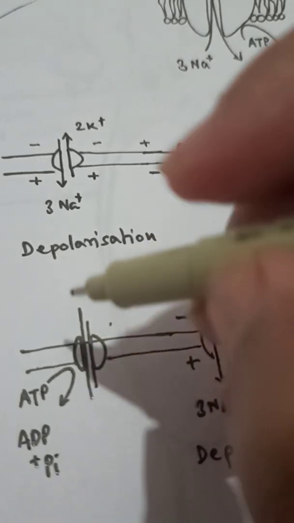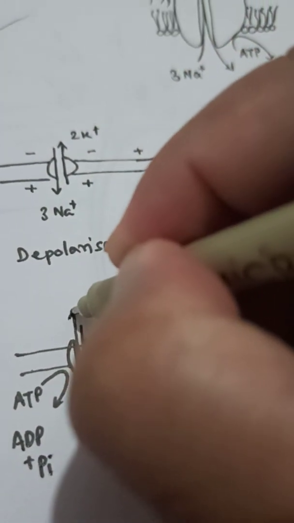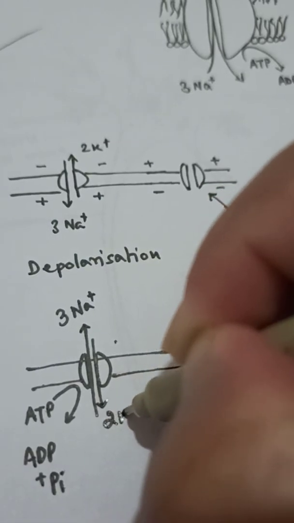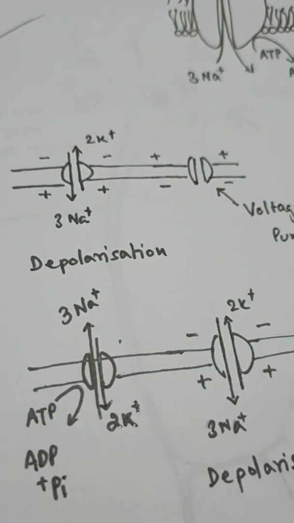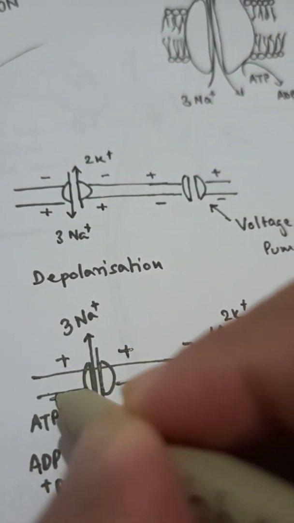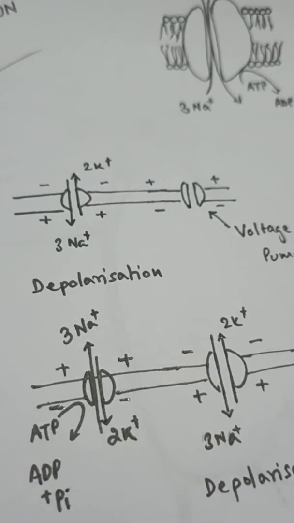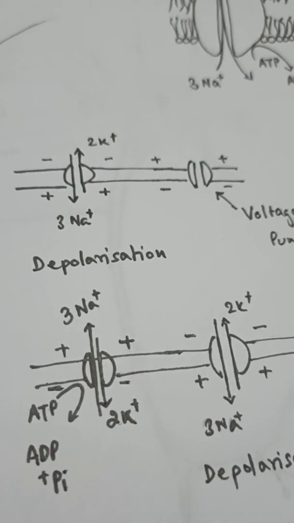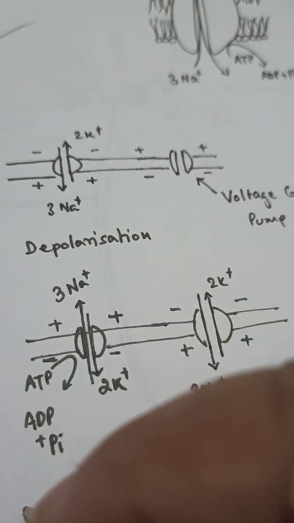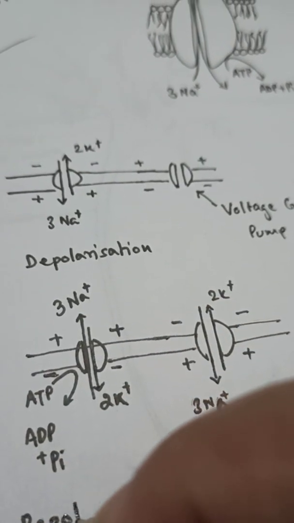It will bring itself back to the previous state with 3 sodium being pushed outside and 2 potassium brought back in. That will create the previous state of positive charge outside and negative charge inside. That particular state will be created, so this side is repolarized.